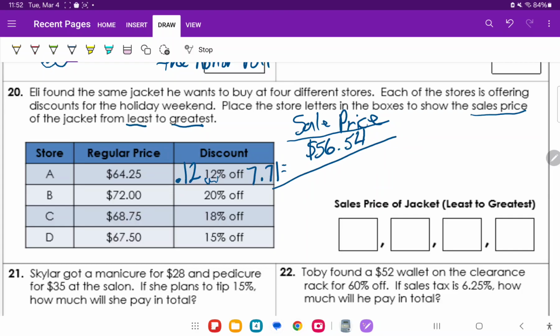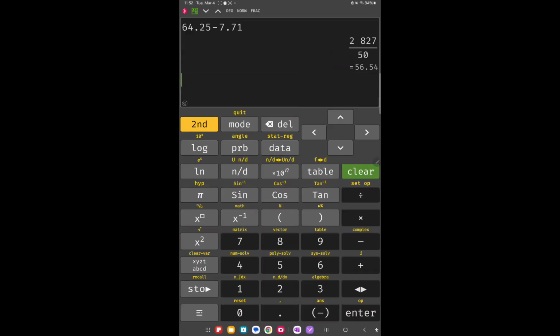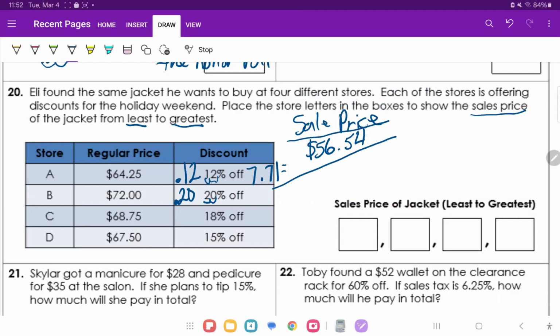Now for B, do the same thing. We're going to move this decimal over, so that's 0.20. So 72 times 0.20. That is $14.40.